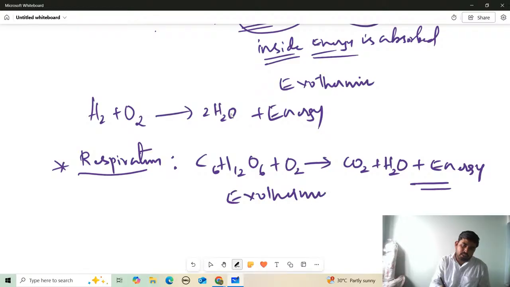Reactions which release energy are called exothermic. This is about combination reactions, which are generally exothermic in nature.